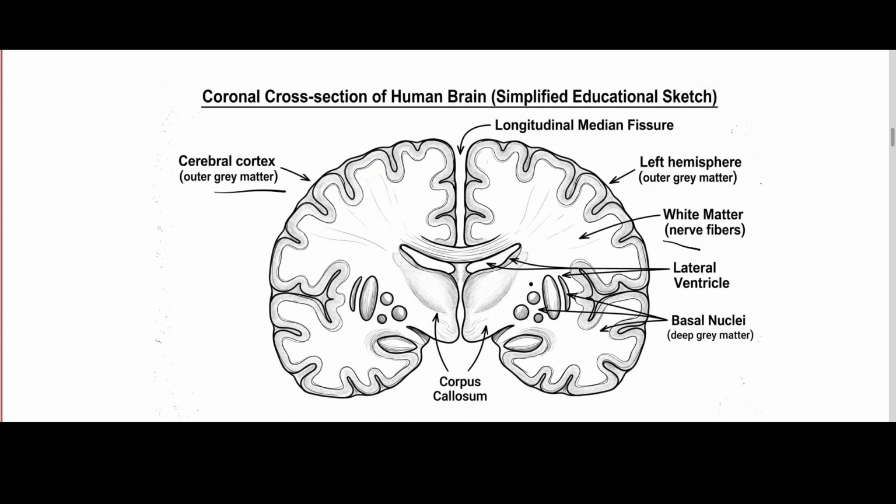We also have the basal nuclei, which are clusters of gray matter located within the white matter. We also have the lateral ventricle, which is a cavity within the hemisphere that contains the cerebrospinal fluid.